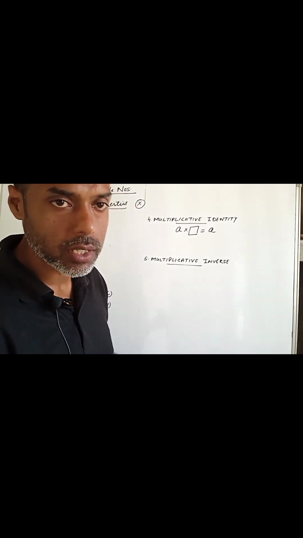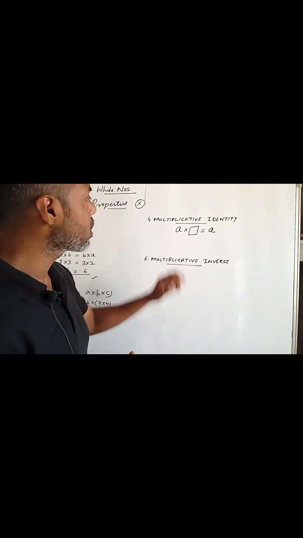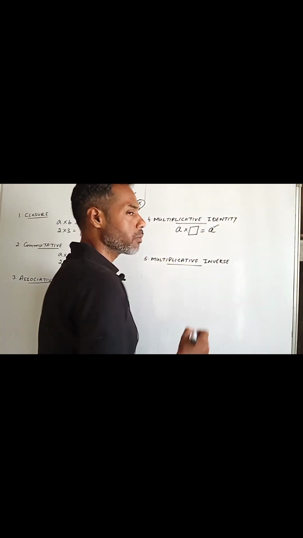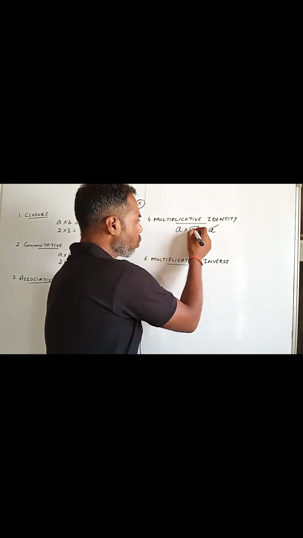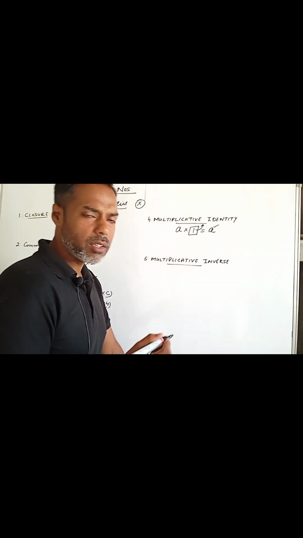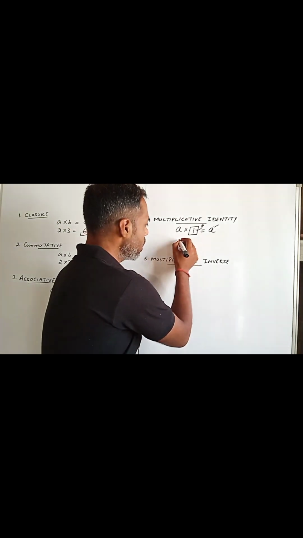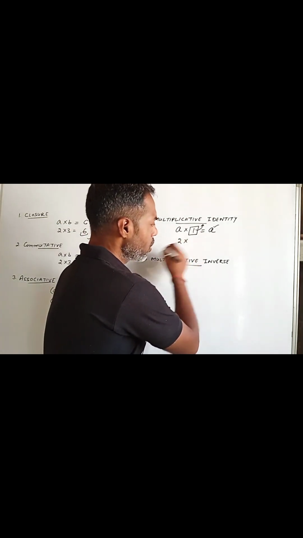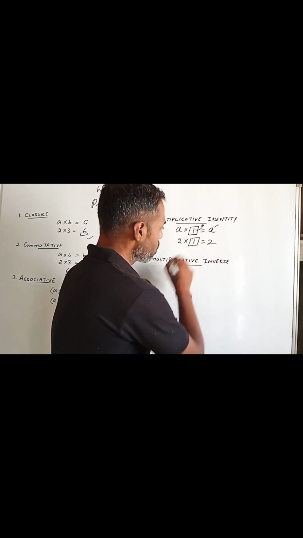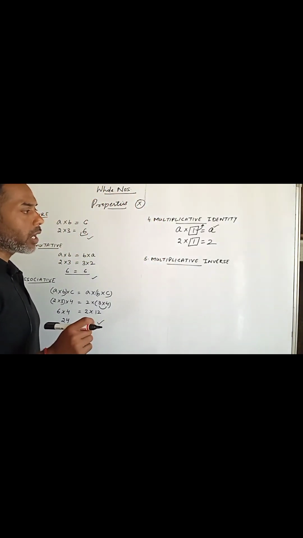We write 0 there. 0 is called the additive identity. But here we have to find a number we multiply with A so that we get A again. It is 1. Any number multiplied by 1 gives the number again. Like 2: what do we multiply with 2 to get 2 again? It is 1. So 1 is the multiplicative identity.